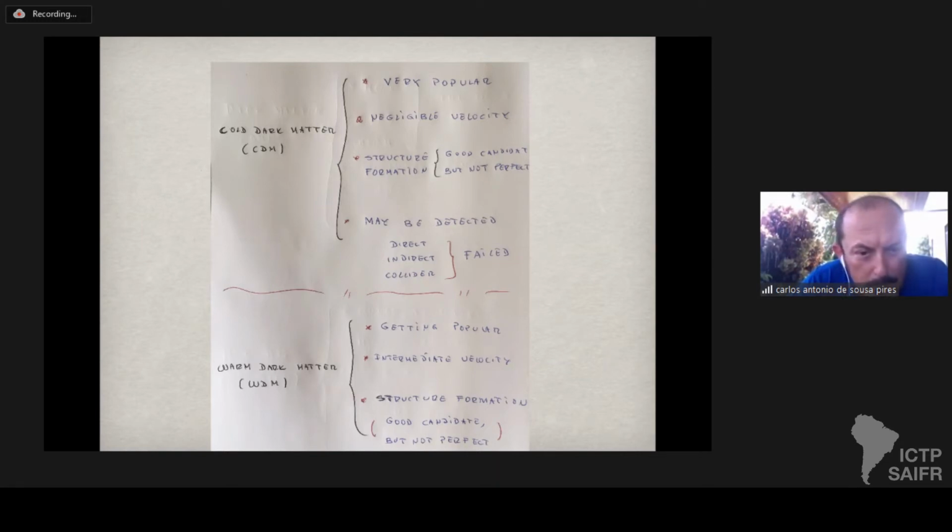Warm dark matter is a very nice possibility. It is characterized by intermediate velocity, and concerning structure formation, it is as good as cold dark matter. I'm not so sure, but people that work with structure formation say that it's very good, because structure formation works only with simulation, and I never did simulation there. I cannot say how good it is, but people say it's good.